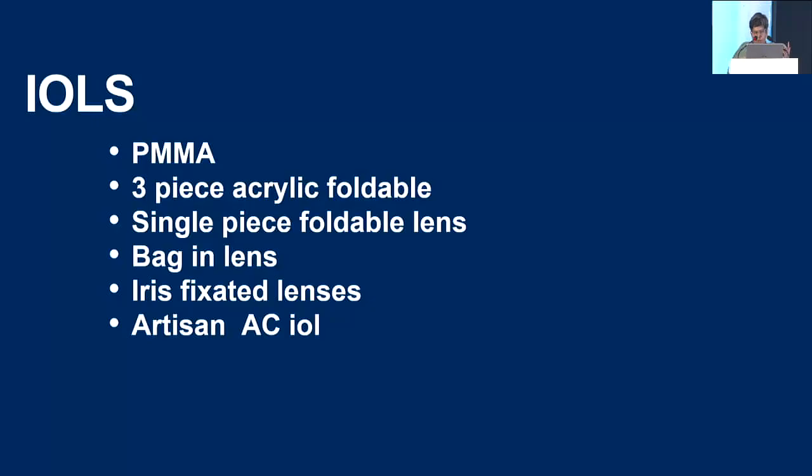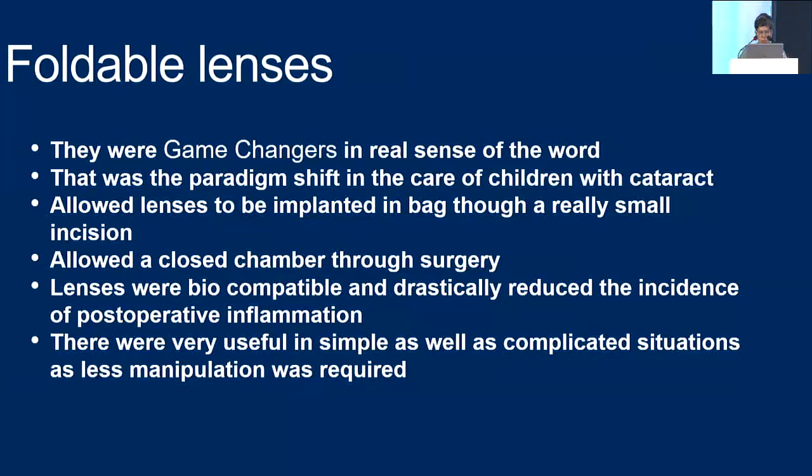Now lenses can be anything, any of these IOLs you can use. PMMA lenses are perfectly safe. 3-piece and single-piece acrylic foldable lenses have really changed the game. Bag in the lens is not available yet in India. Similarly, for iris fixated lenses and Artisan IOLs, we have little less evidence that they work well in children, but they are increasingly being used in some children with poor capsular support.